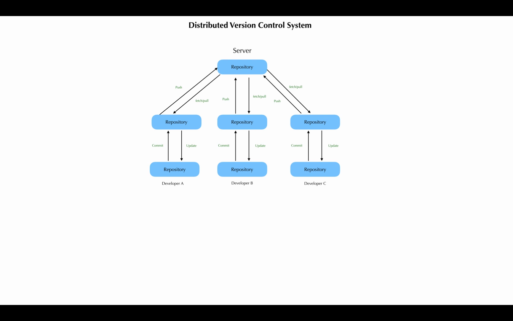Then whatever changes have been done by other developers the previous day will all be available in his local copy. Now he can start working on whichever module he wants to work on. So now he's completely sure that his local copy and the centralized repository's copy are actually the same.